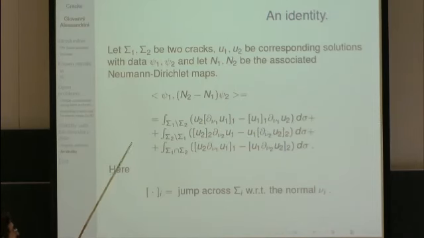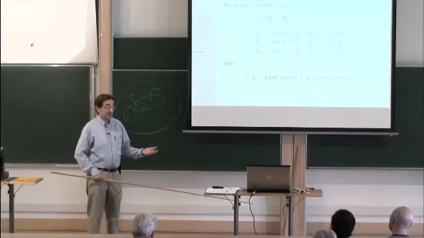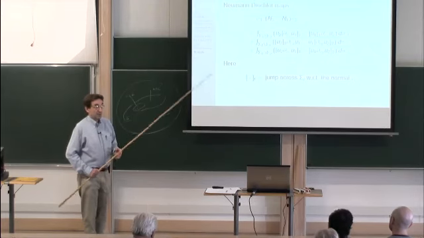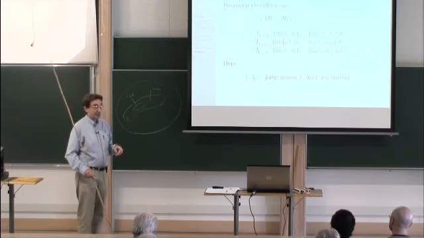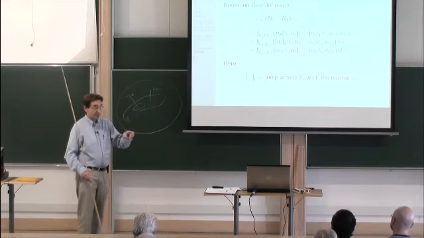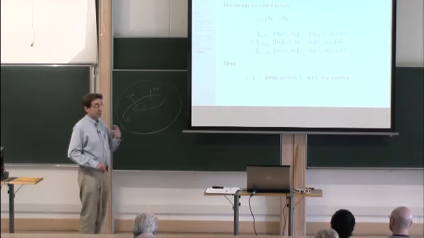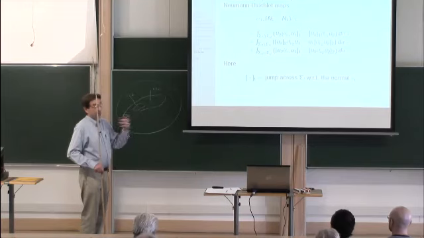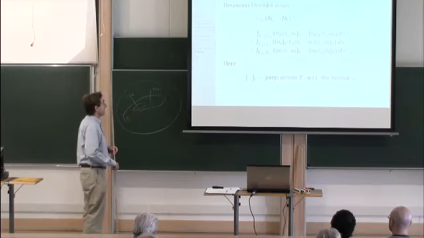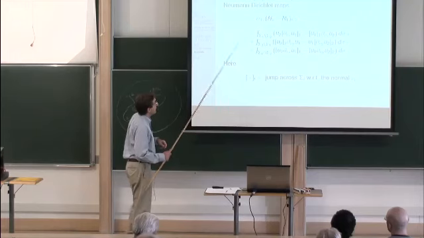The difficulty of obtaining it in this case, contrary to what happens, for instance, for the standard conductivity equation, is that if I take U1 to be a solution corresponding to the crack sigma 1, this is not a suitable test function for the problem for the crack sigma 2, because the test functions for a given crack are functions which are H1 minus that crack. And so if I take U1, this is H1 minus the crack sigma 1, not the crack sigma 2. So it takes some time to obtain this identity.